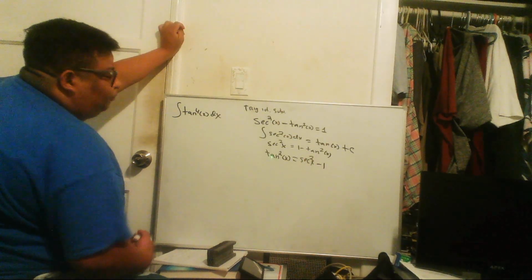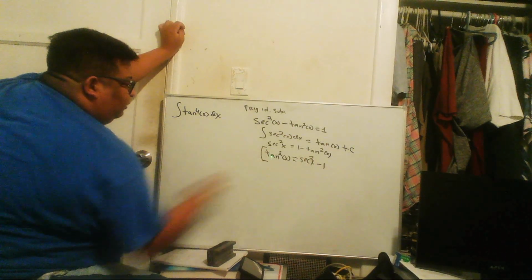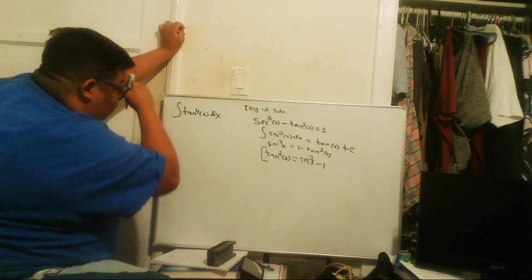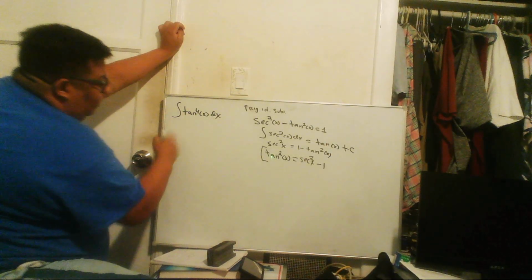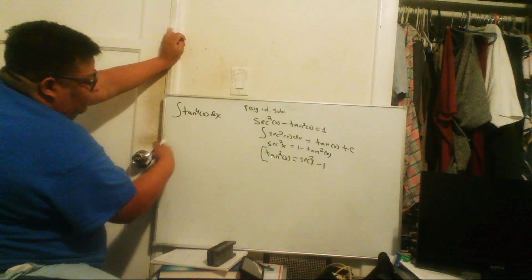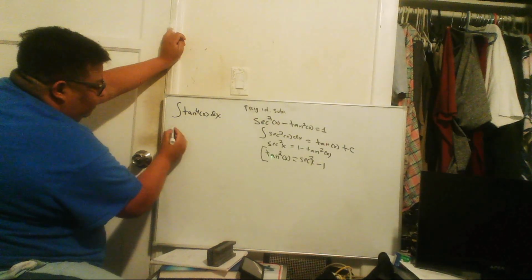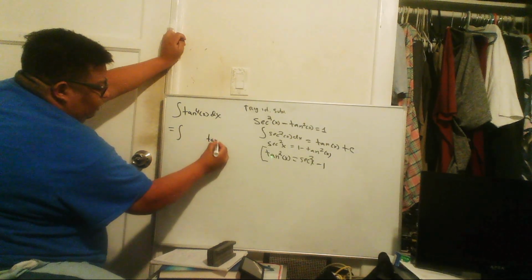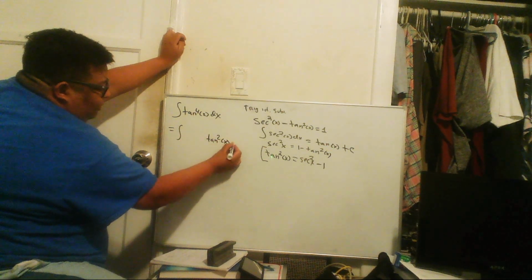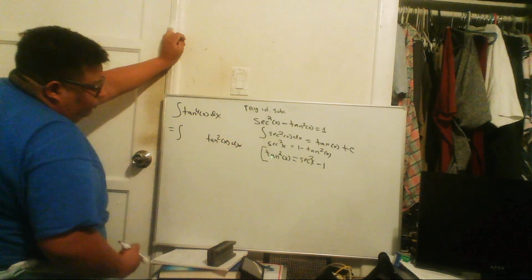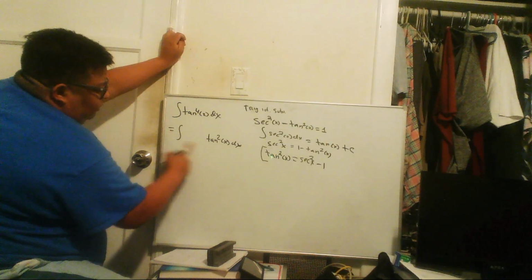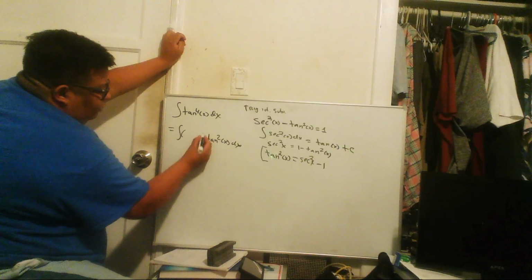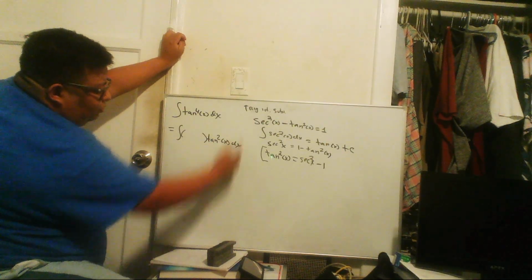This fact is very important, because when you have even powers of tangent, what you're gonna do is leave a tangent square by itself at the beginning, and then the rest you're gonna change to secants using the identity.